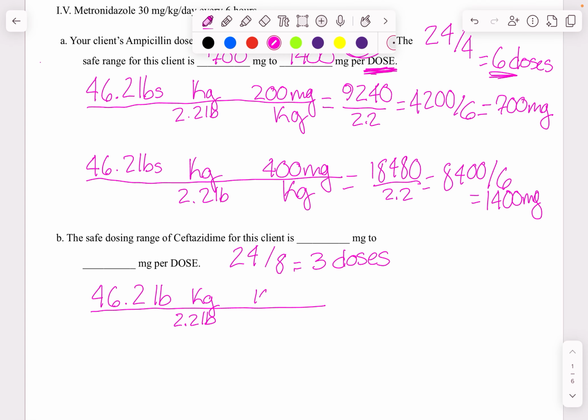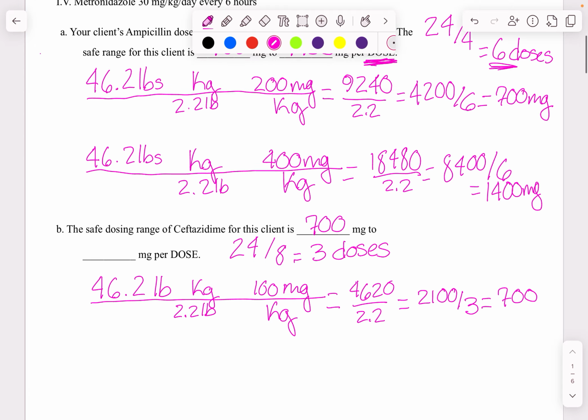And then 100 milligrams per kilogram for the low end. I guess it's 4620 divided by 2.2 is 2,100. Divide that by the 3 doses. And we get 700 milligrams for the low end.